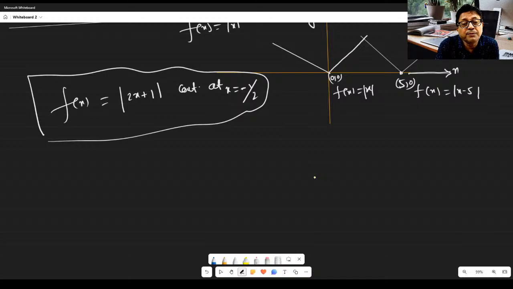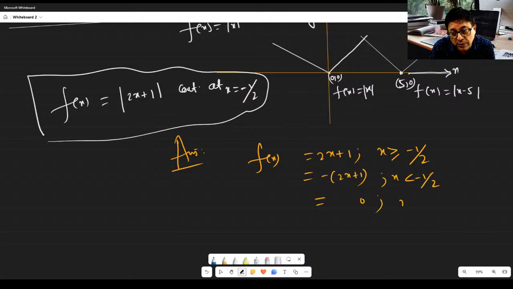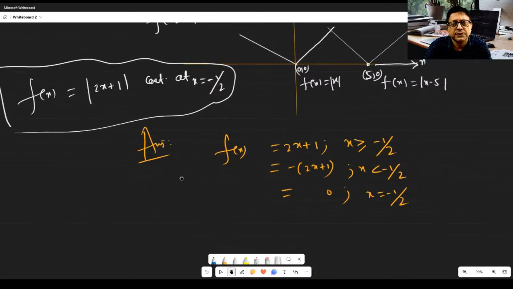So what you have to do there when you are answering, you write f(x) equal to 2x plus 1 for x greater than equal to minus half, minus 2x plus 1 for x less than minus half. Whenever mod function arises in any form, you will write this way always.